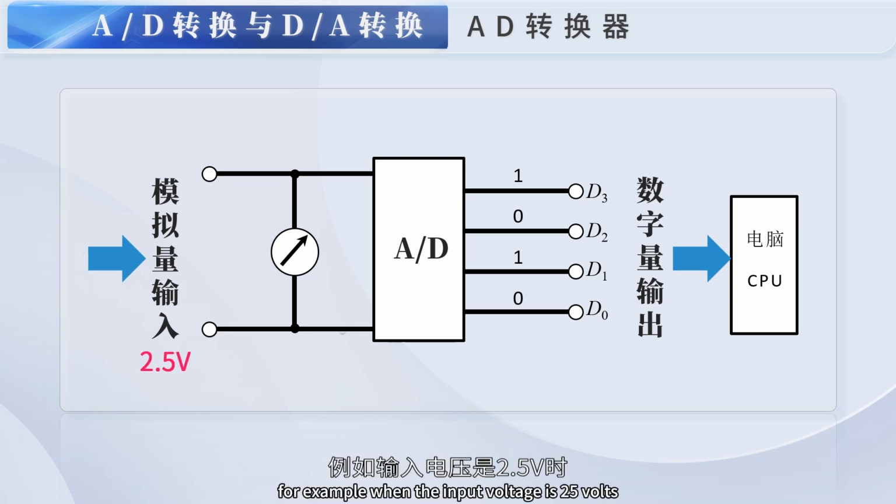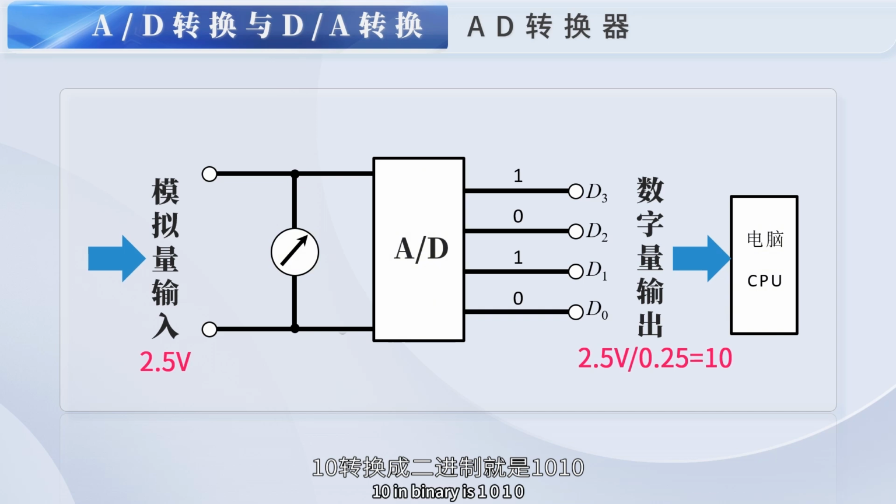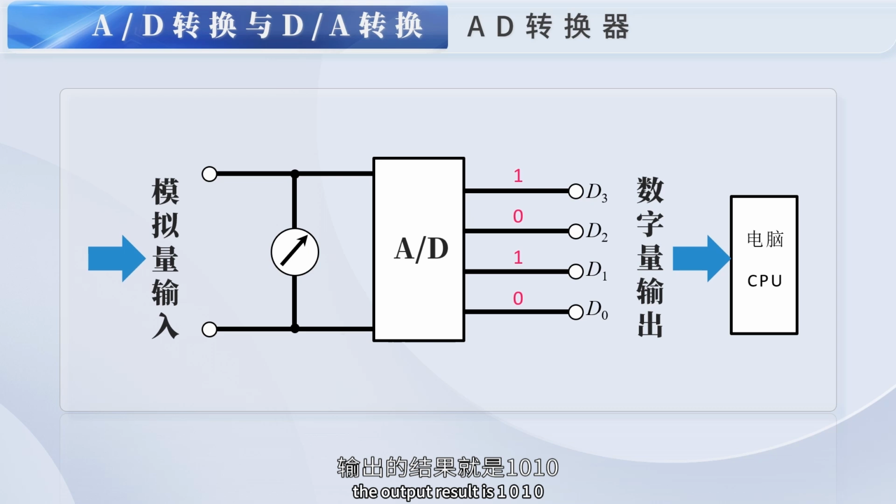For example, when the input voltage is 2.5 volts, the output value is 2.5 divided by 0.25, which equals 10. 10 in binary is 1010. The output result is 1010.